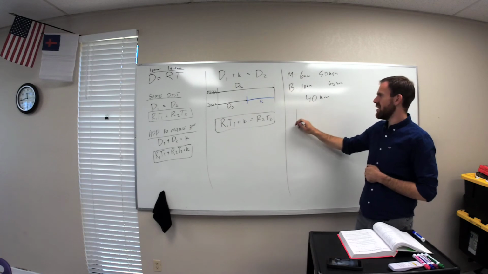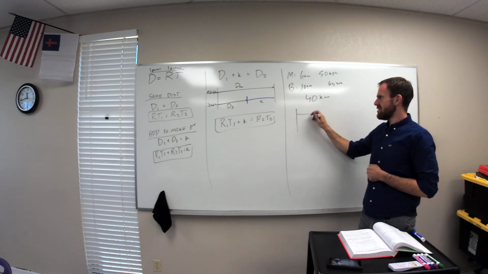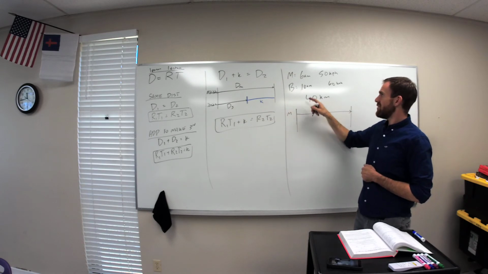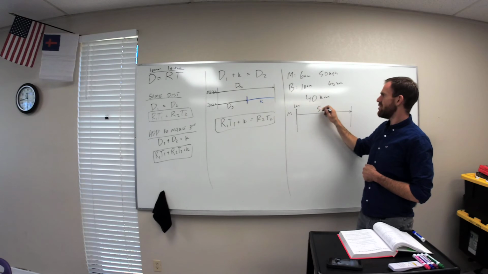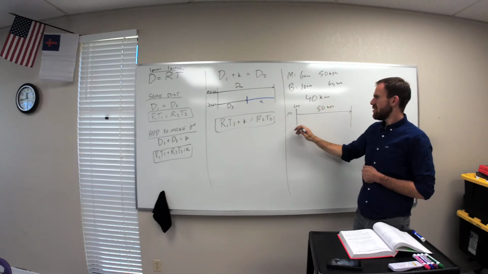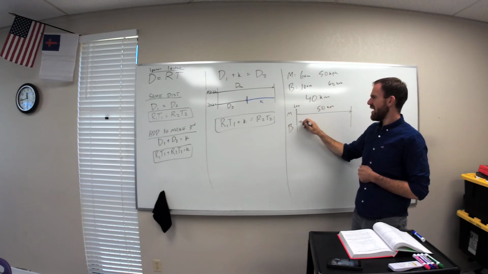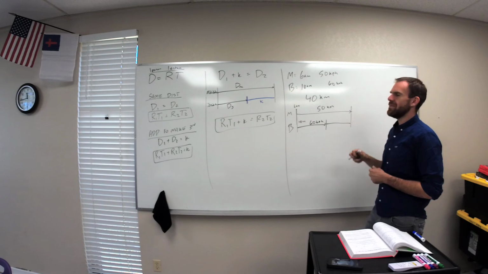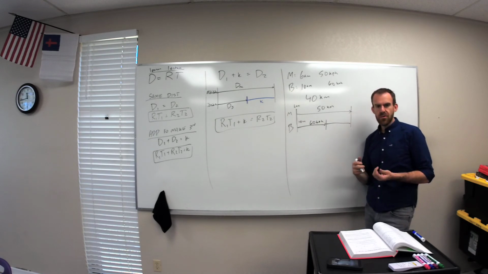So our picture here would be something like this. You have Millicent traveling, starting at 6 a.m., going 50 kilometers per hour. You have Beauregard starting at 10 a.m., trying to catch up at 60 kilometers per hour, but is still how many kilometers short? 40.